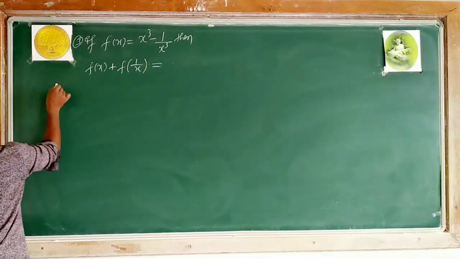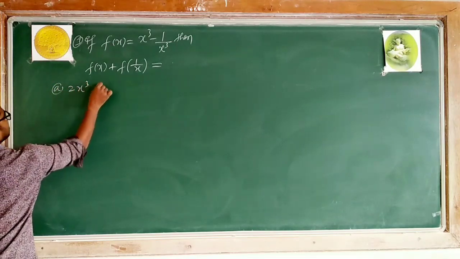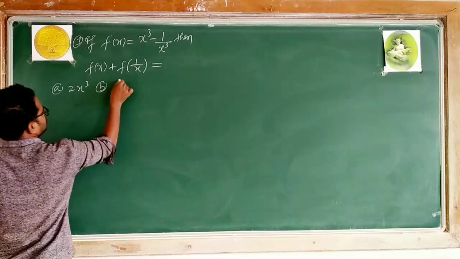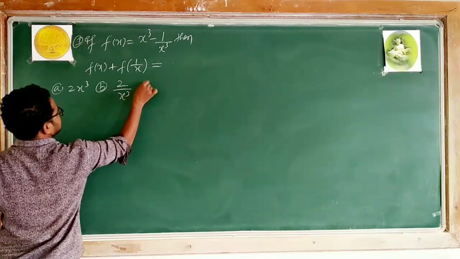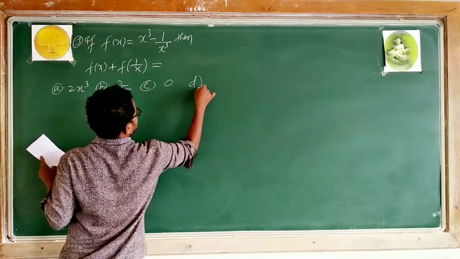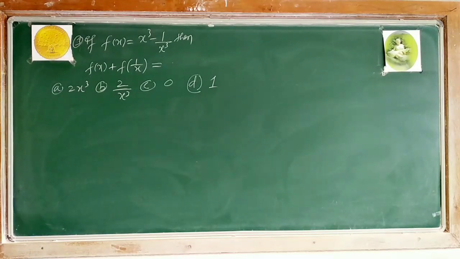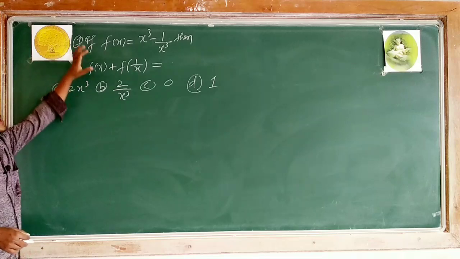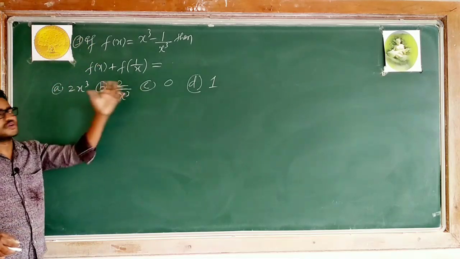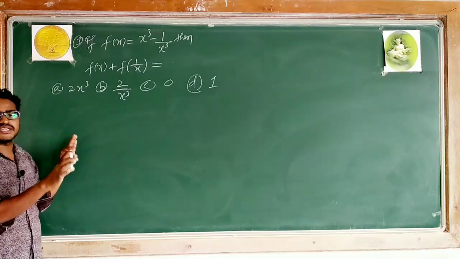He has given options also. Option A, 2x cube. Option B, 2 by x cube. Option C, 0. Option D, 1. Which one can you choose? It is CET oriented. He will give some function, and according to that you have to choose. Out of these 4 options, 1 will be correct and the remaining 3 will be wrong.